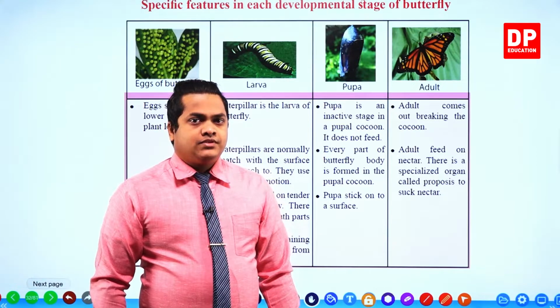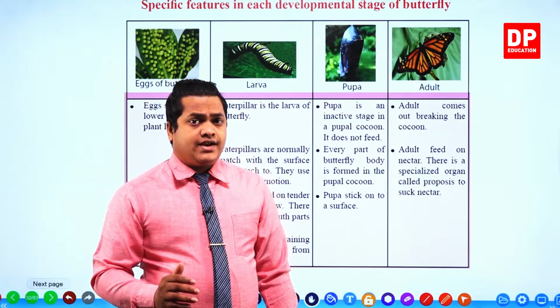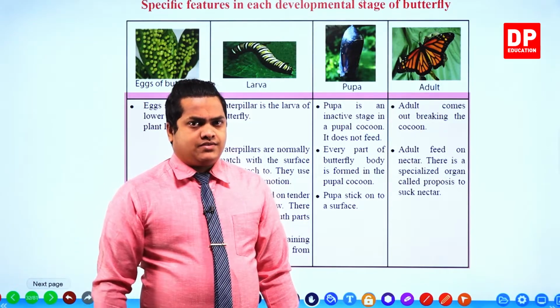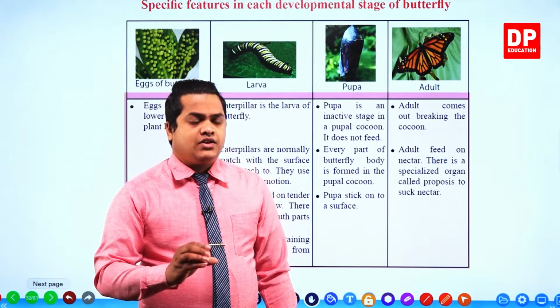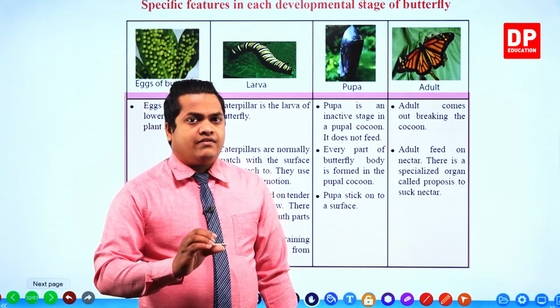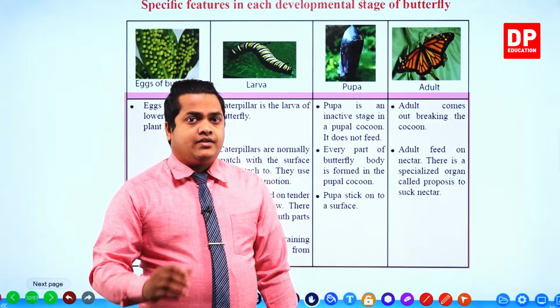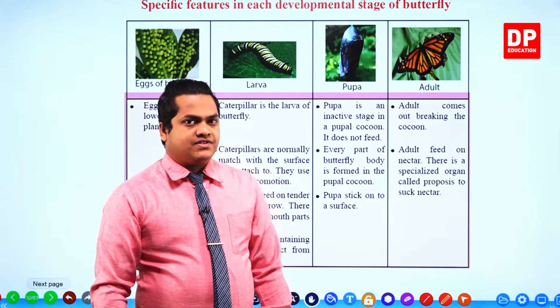Okay. So my dear children, specialty here is that caterpillar contains special mouth parts in order to have their nutrition, right? And the main type of food is tender leaves. Okay, tender leaves.